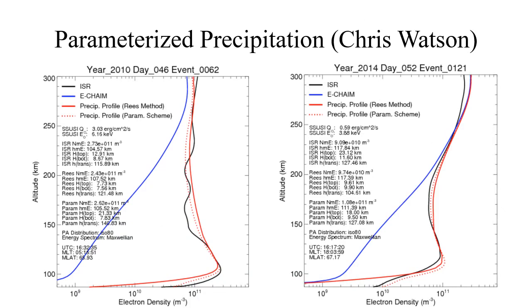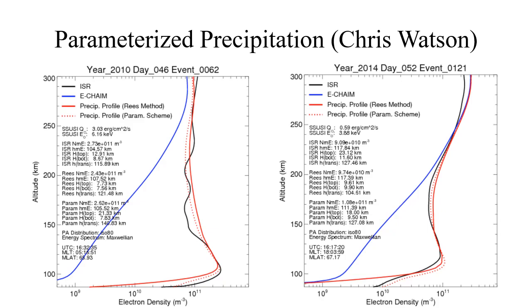So if we take mean energies and fluxes inferred from DMSP SUSI optical observations, we can go from the blue, here's the standard ESHAME ionosphere at Poker Flat for a certain precipitation event.